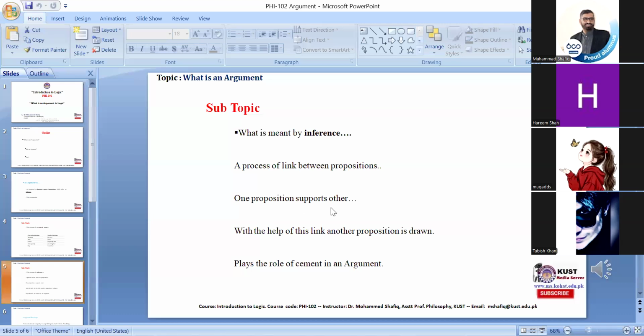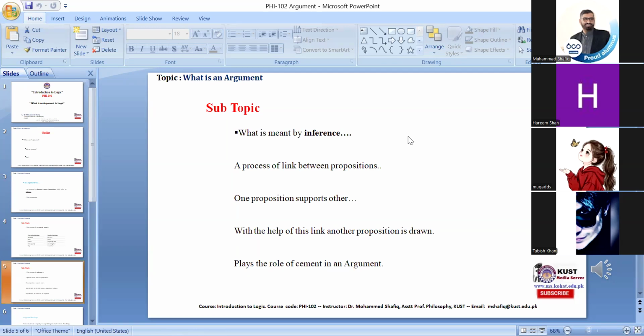One proposition supports another. With the help of this link, another proposition is drawn. It plays the role of cement in an argument. If you remember, I told you that propositions are the building blocks of an argument. So they play the role of building blocks or bricks, and then it is a structured group of propositions.